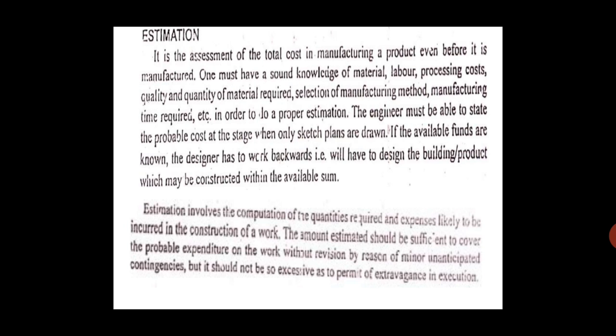So what you will do? You will get the design from the architect or engineer, structural engineer, get it approved from the corporation. How plan will be approved, and then you will make a rough estimate.